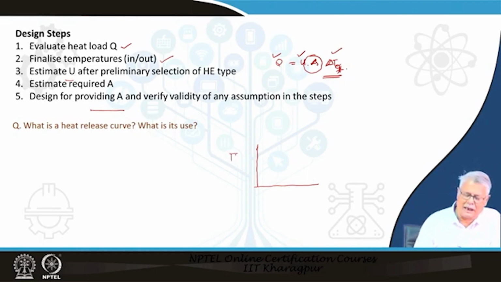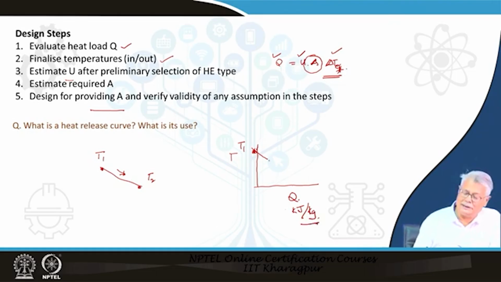If you have a fluid which is getting cooled from a temperature T1 to a final temperature T2, you start with the temperature T1 here, and if you reduce the temperature by a particular amount, you get some heat released from that particular stream. Naturally this Q will be in kilojoule per kg of the fluid.